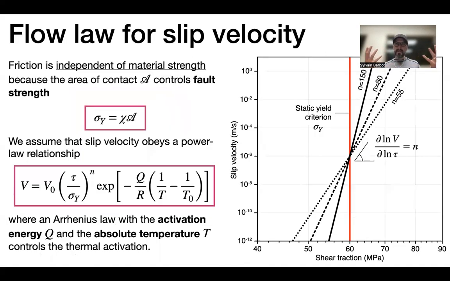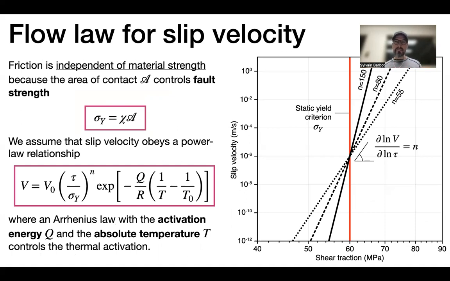We can then focus our interest on the velocity of sliding in the fault parallel direction. And that's eventually what we care about, how fast the fault will move. Will this be a slow slip event, an earthquake? Will this be creep? Will this be locked?